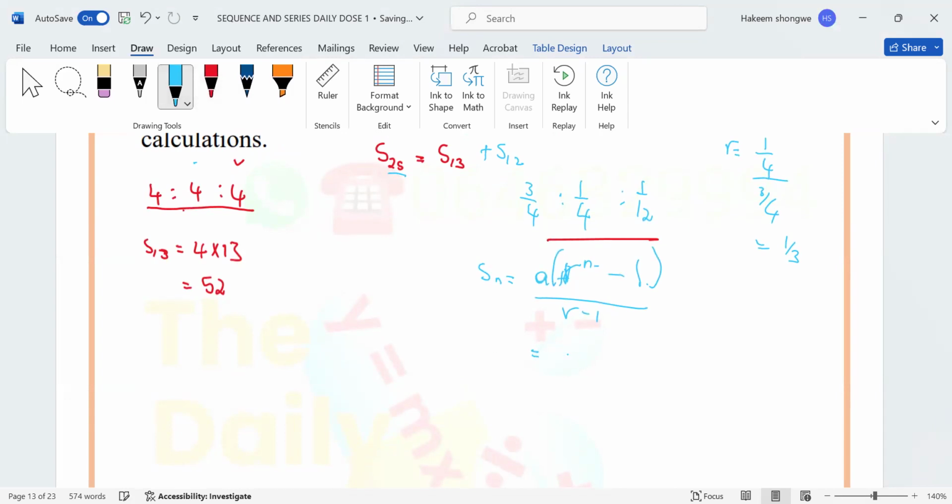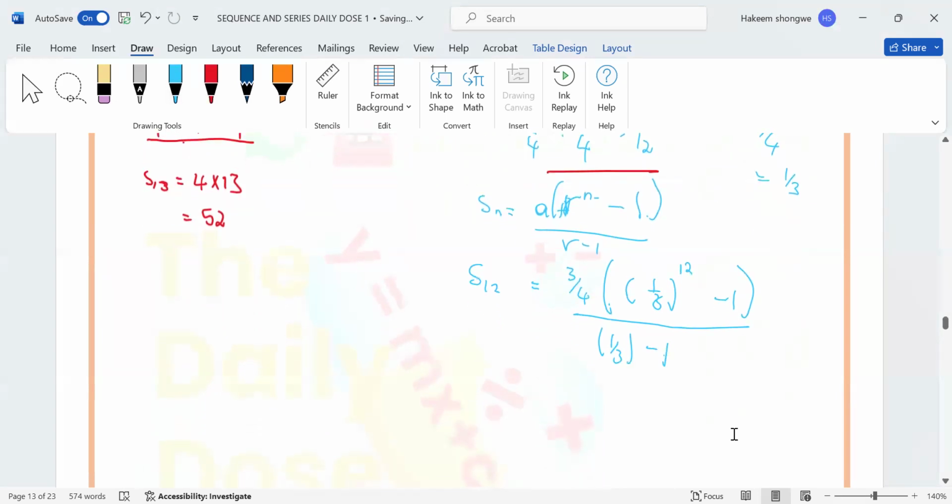A is the first term, 3 all over 4, times the bracket with R, 1 all over 3, to the power of n. We are looking for S12, remember, so everywhere we see n, we put 12, minus 1, close bracket, all over 1 all over 3, minus 1.